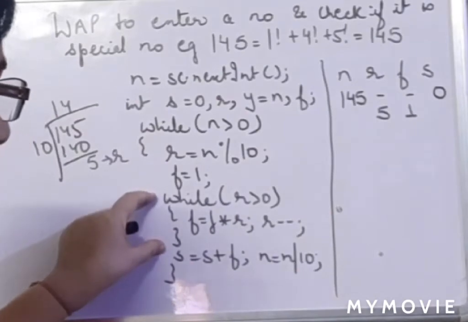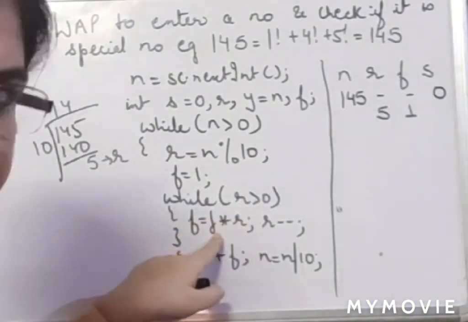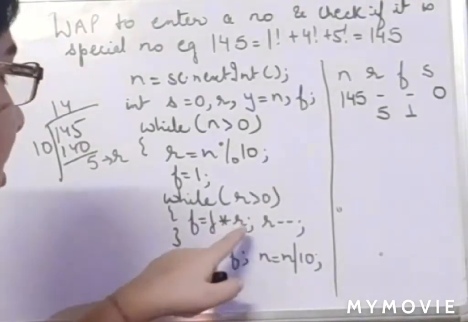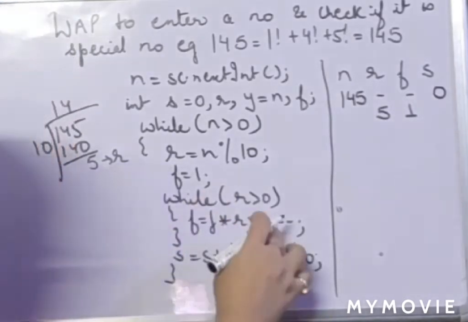Now while r is greater than 0, that means while 5 is greater than 0, and we have seen the working previously also, 5 into 1 will become 5, r minus minus, r will become 4.